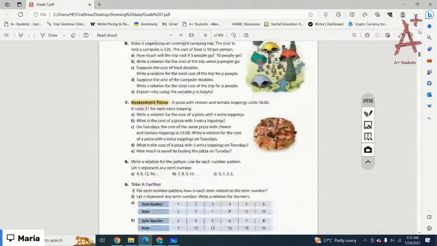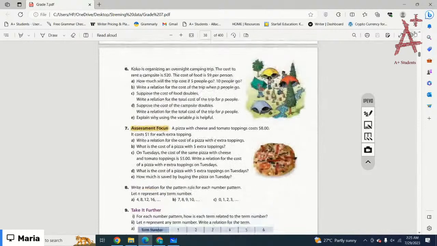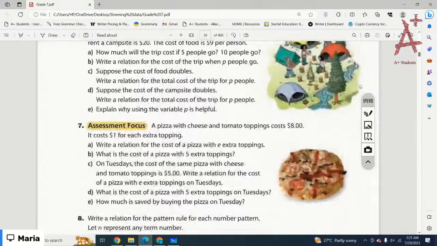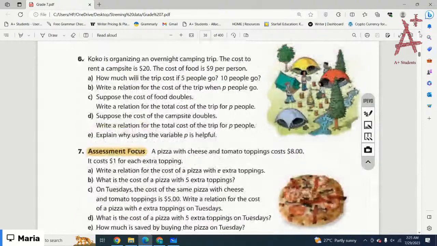Coco is organizing an overnight camping trip. The cost to rent a campsite is $20. The cost of food per person is $9. How much will the trip cost if 5 people go, 10 people go?